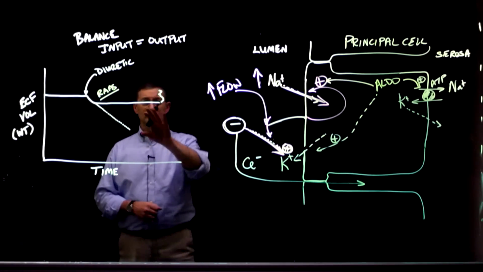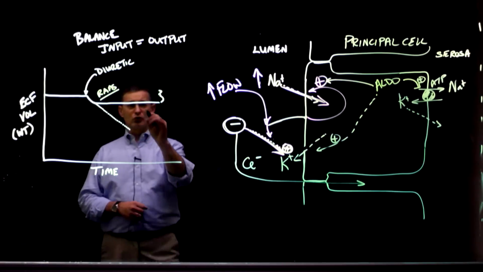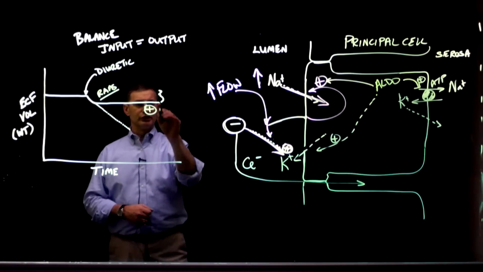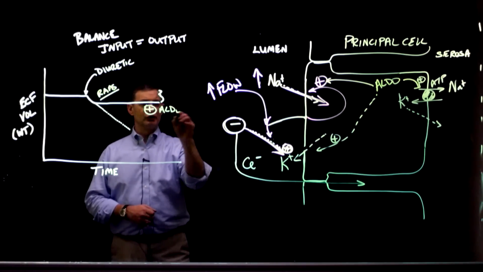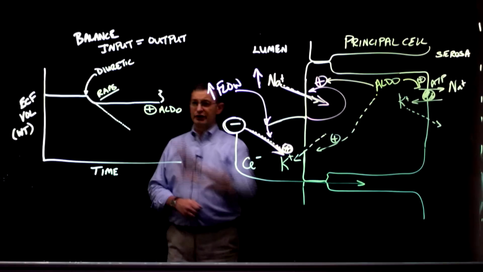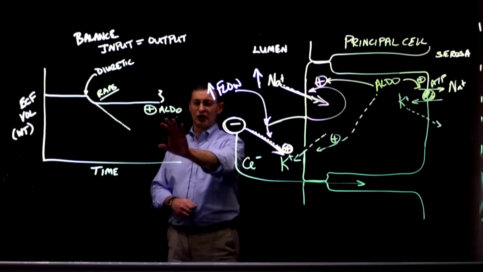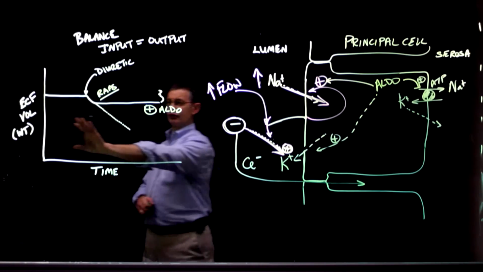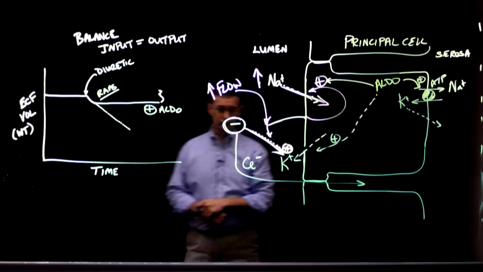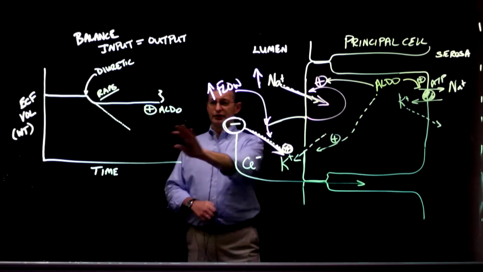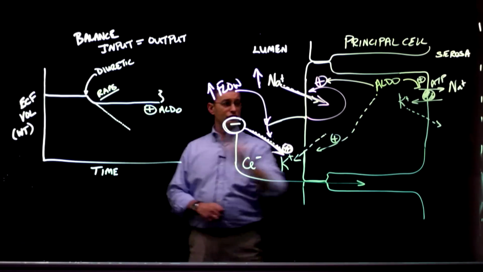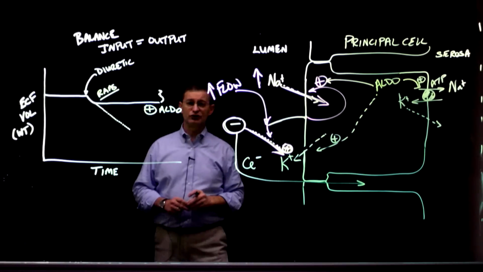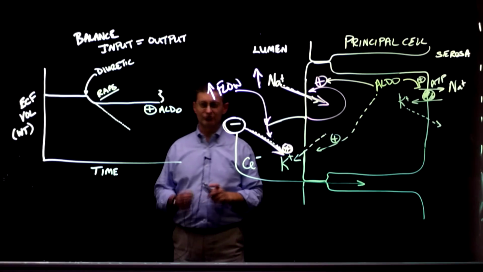And over the long term, the majority of this steady state balance is because of the presence of aldosterone. And at this point in time, that level of aldosterone is higher than it was prior to the diuretic use. That mechanism for aldosterone is going to be represented back in the principal cell, and so that steady state is maintained at the distal nephron.